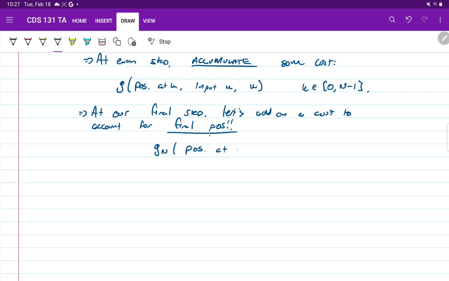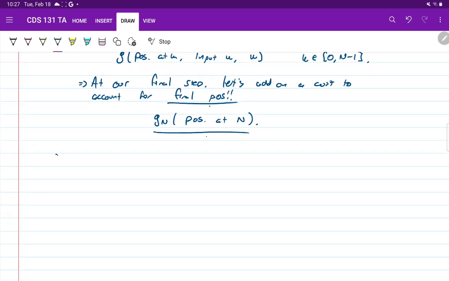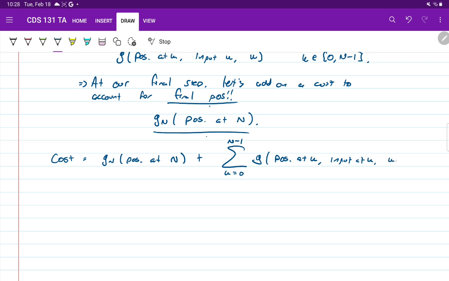So let's add on a cost g_N of the position at time step N. If we add together all of these accumulated costs with this cost at the final position, our cost function will be of the form g_N of the position at time N plus the sum from k equals 0 up until N minus 1 of g of the position at time k, the input at time k, and the time k itself. Okay?